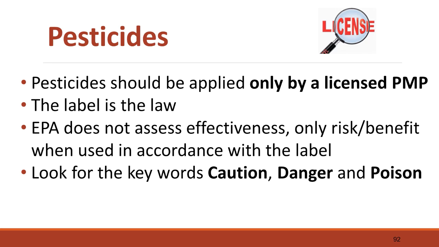With an IPM program in place, almost all infestations can be managed with a lower-risk pesticide that says caution on the label, as they pose the least risk to humans. Danger or poison means that the pesticide product is highly toxic by at least one route of exposure.